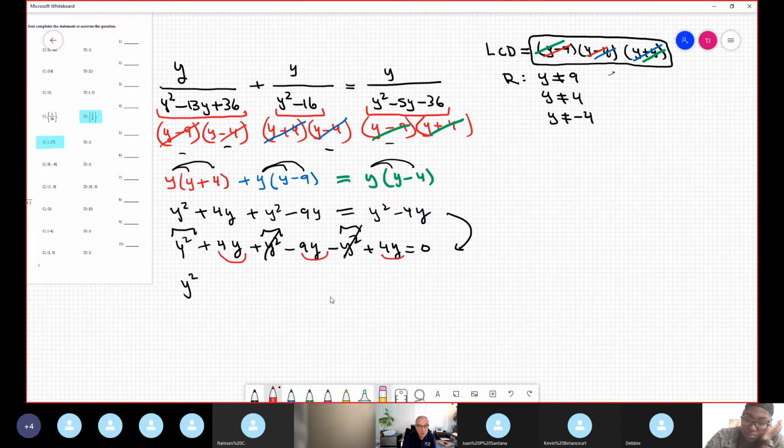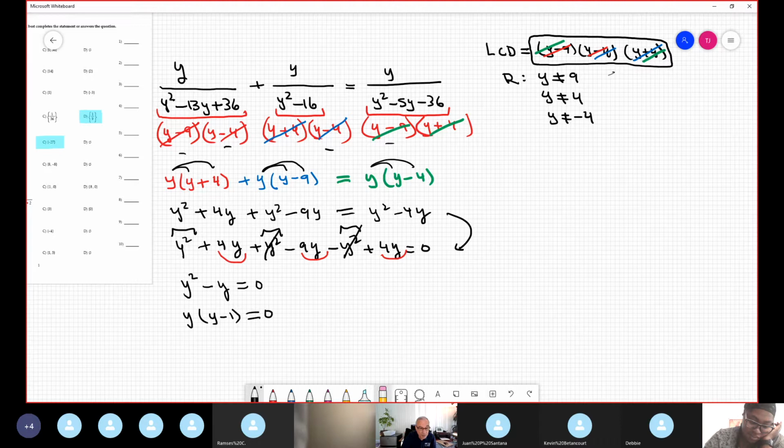This is 4 plus 4, so you add the positives to get 8. Minus 9y and minus 4y... wait, minus y equals 0. And this is my equation. This equation is super easy. I can see the GCF, the greatest common factor, is y.